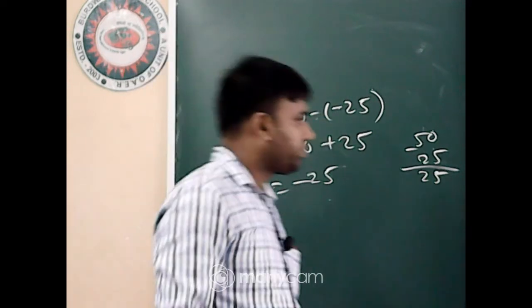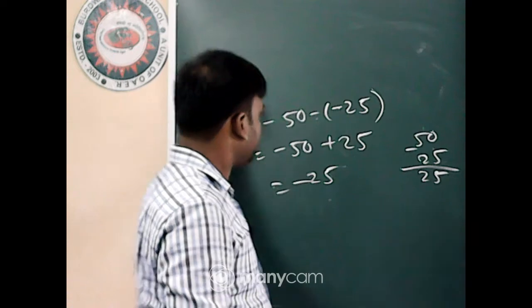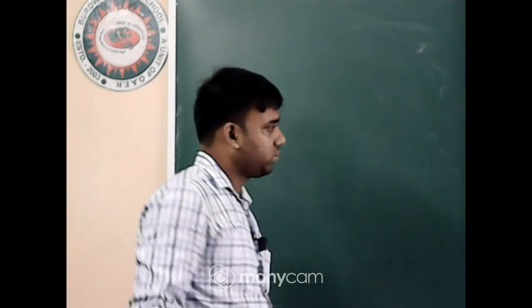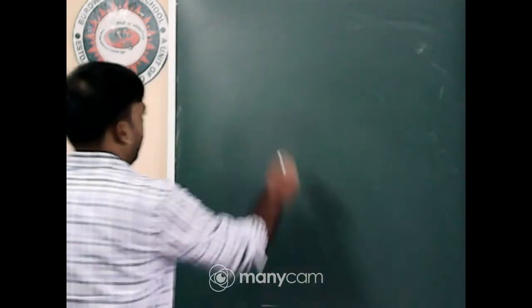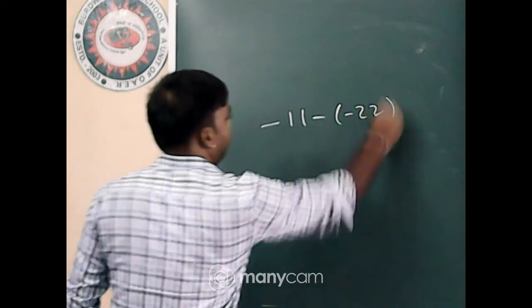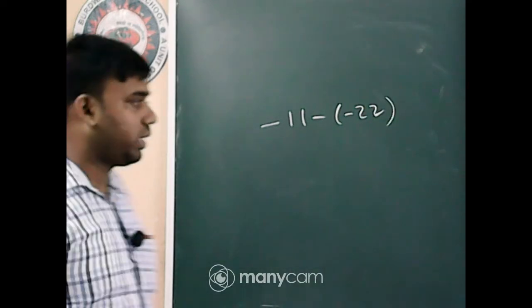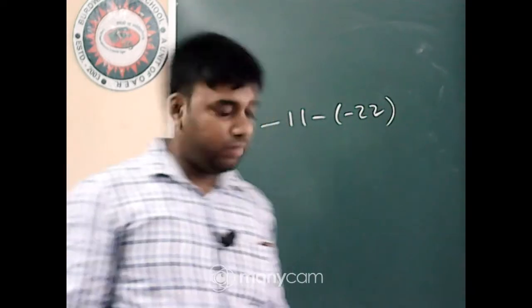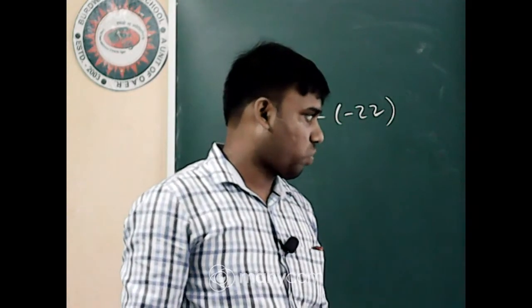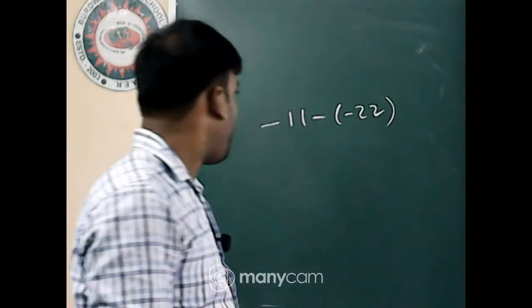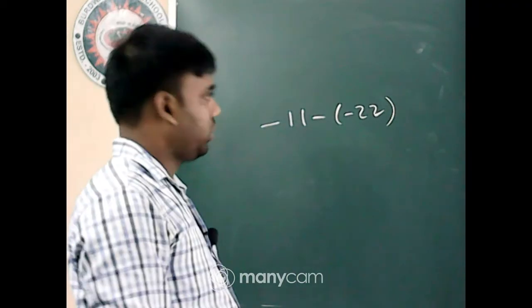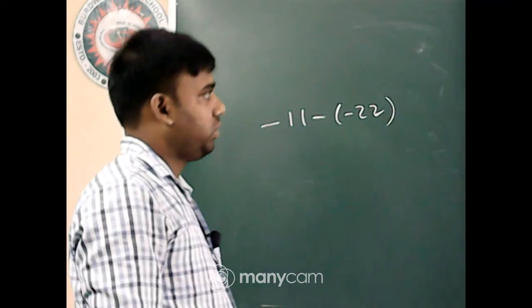Next sum. Tell me, what will be the answer? Carefully, Shishandu and Tori, carefully. -11, wrong answer.